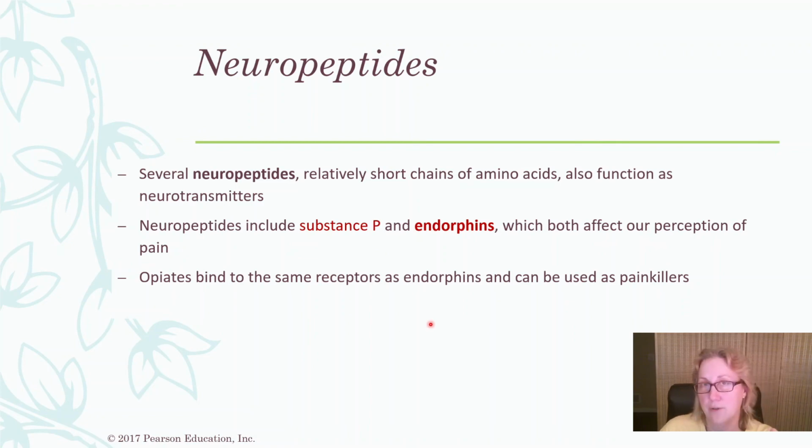We call those cannabinoids, and there are several of those that have now been discovered, much more recently, in the last 20 years. So the receptor was known for a really long time, and then finally the naturally occurring molecule that binds to that receptor was discovered, just like with opiates. Opiates and the receptors were known for decades before the natural substance, the endorphins, were discovered.